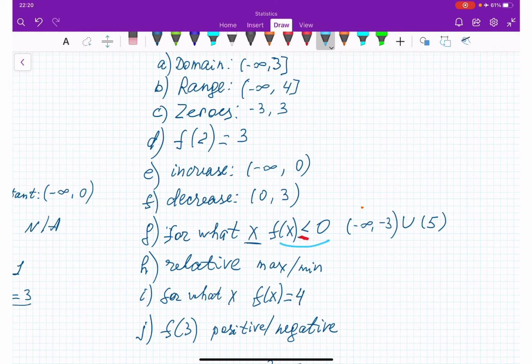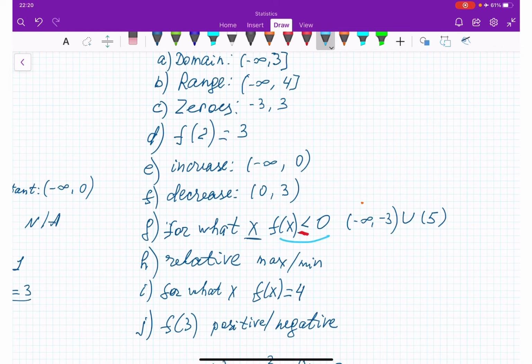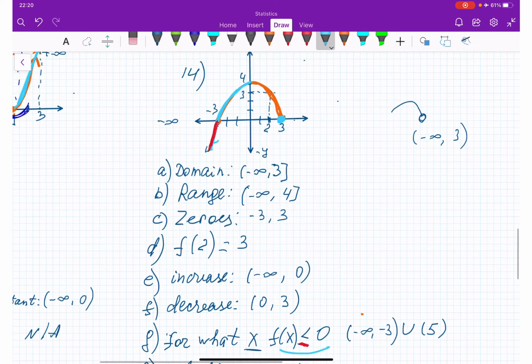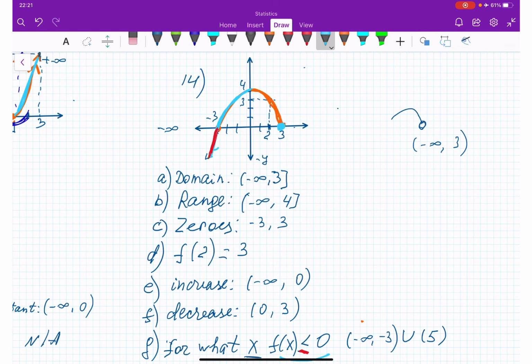Next, looking for relative maximum or minimum. What do we have? We have a maximum or minimum, guys. Our point is going to be this one, and this is going to be our maximum, right?